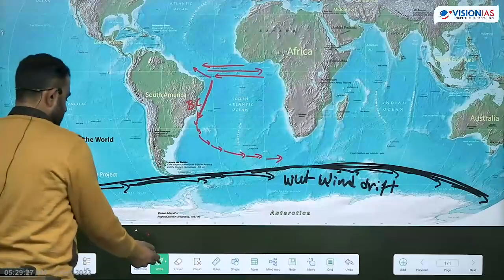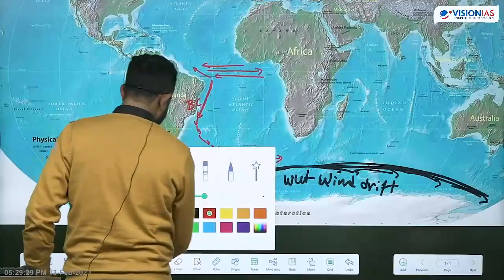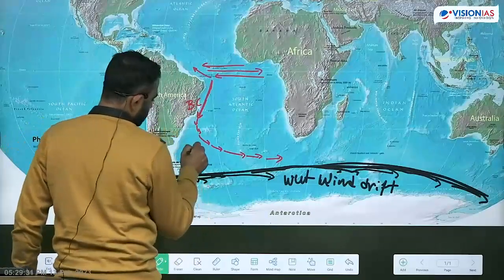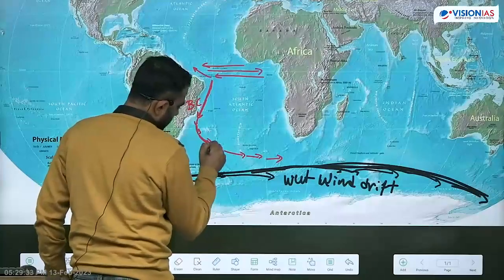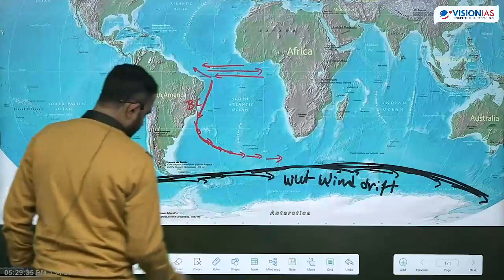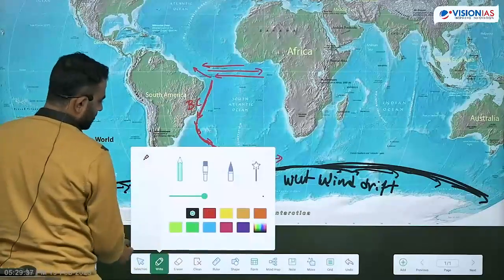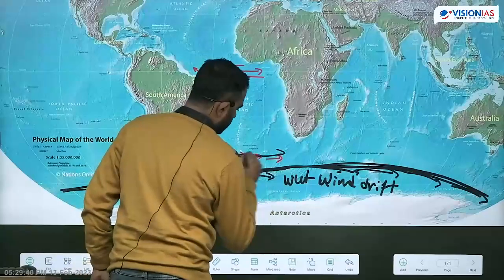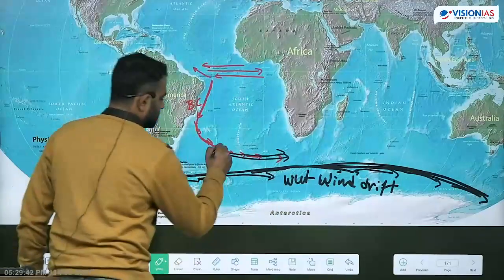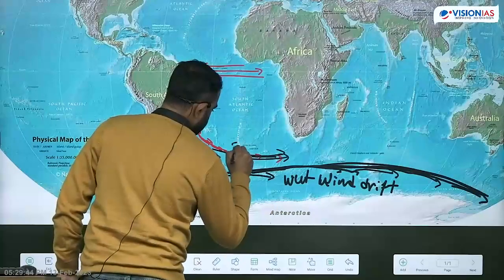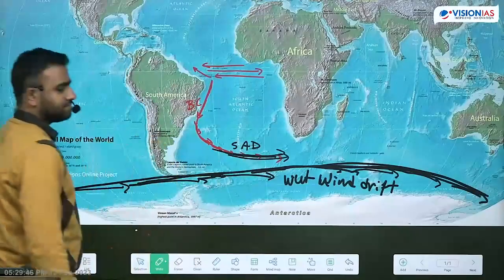That is why this cold Brazilian current, sorry, the warm Brazilian current, as it turns towards the left side, it will come under the influence of the west wind drift, and even this becomes cold. This is which current? South Atlantic drift.